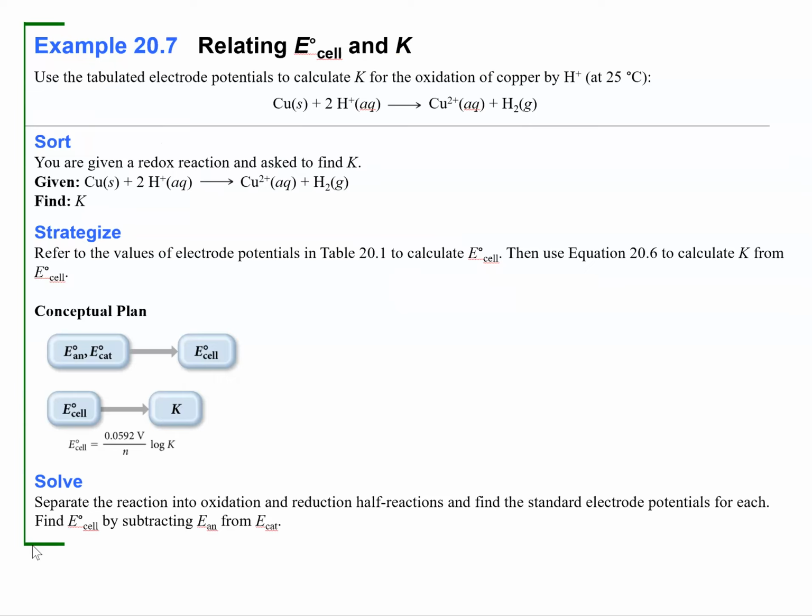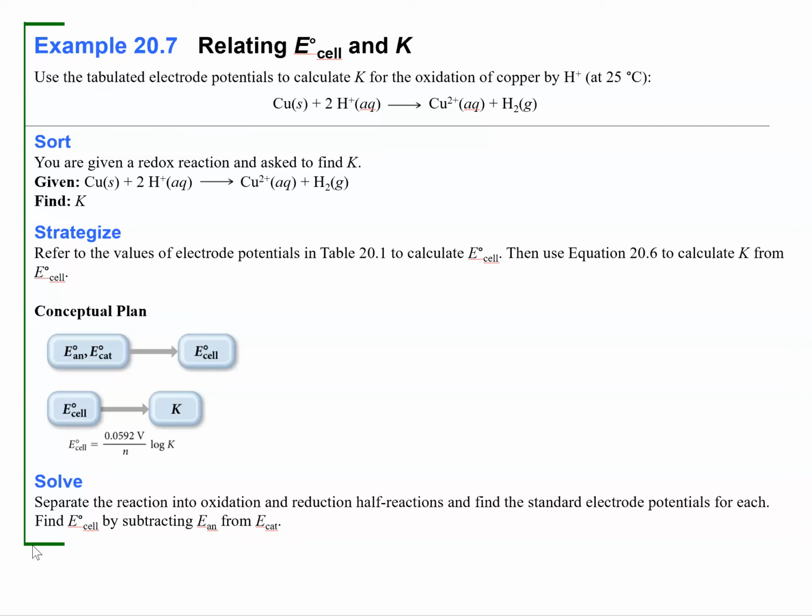And now that we've moved on, here we are at another example. Let's use the tabulated electrode potentials to calculate K. The first time we were doing delta G, so let's look at K for the oxidation of copper by free protons at 25 degrees Celsius, so under standard temperature.